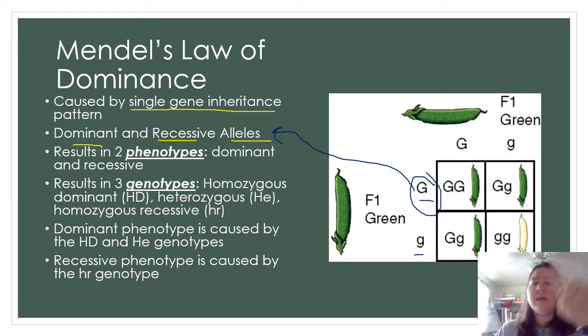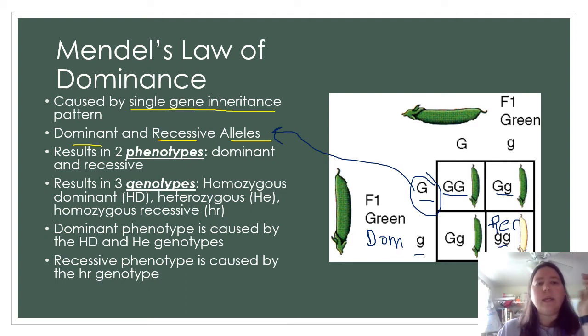And then we end up with two phenotypes, which, remember, is the physical version, dominant or recessive. So for peas, green is dominant, and white or yellow is recessive. And then 3 genotypes, which is basically homozygous dominant, heterozygous, or homozygous recessive.